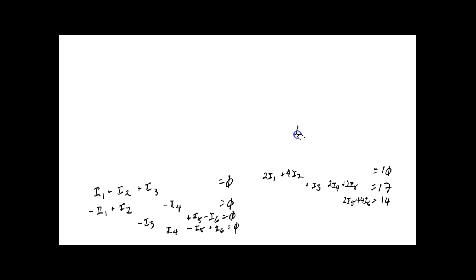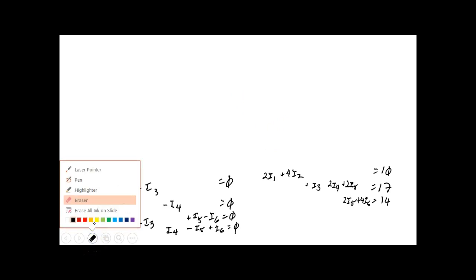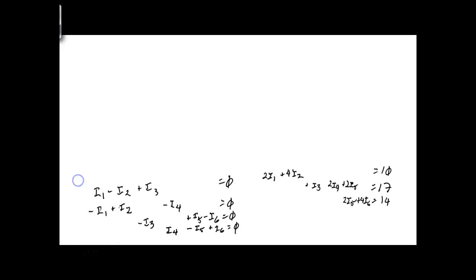Okay, so we've got 7 equations with 6 unknowns. Like I said, I can basically guarantee you one of those is unnecessary. So the first equation we have here is 1, negative 1, 1, 0, 0, 0, 0. 3 for the 3 currents.